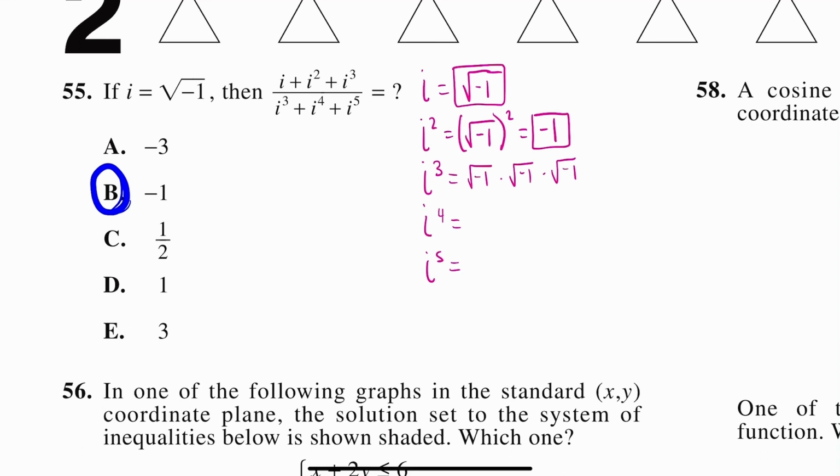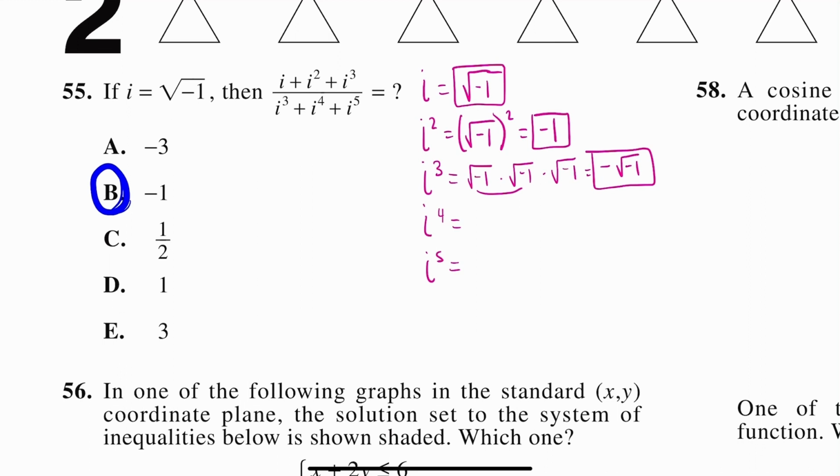Okay, which is what? If you multiply these two together, that's -1 times the square root of -1. So it's basically -i. But let's just leave it as negative square root of -1.